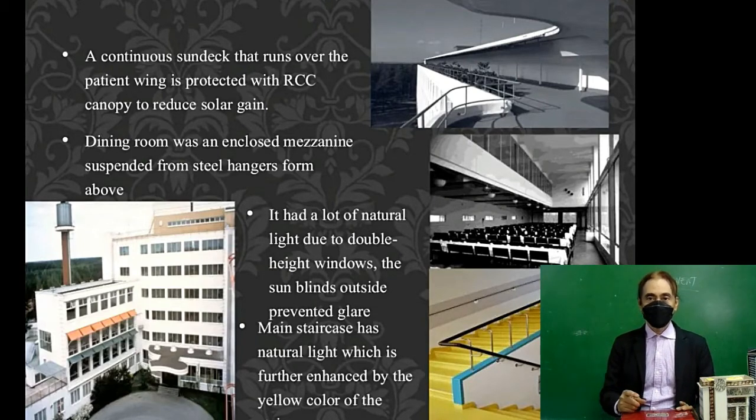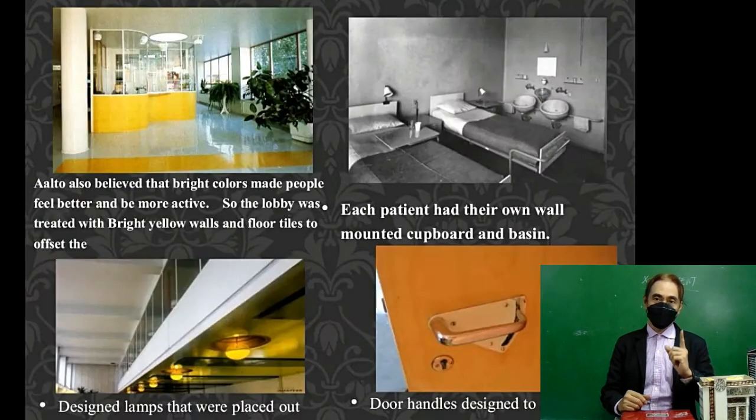The dining room was an enclosed mezzanine suspended from steel hangers formed above. It had a lot of natural light due to the double height windows. The sun blinds outside prevented glare. The main staircase has natural light which is further enhanced by the yellow color of the stair.